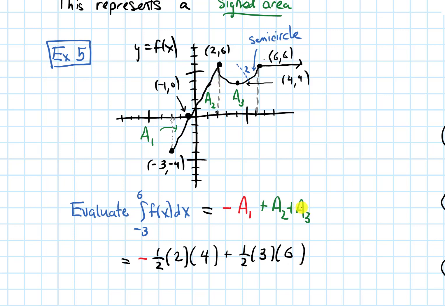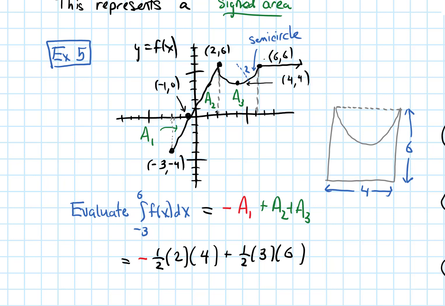And then finally, I need area 3. So I'm going to draw a picture of what that region looks like. We have this sort of shape, and then this semicircle. So what I'm going to do is I'm going to draw another line over here. Okay, because this sort of outer region creates a rectangle where the base of the rectangle is 4 and the height of the rectangle is 6.